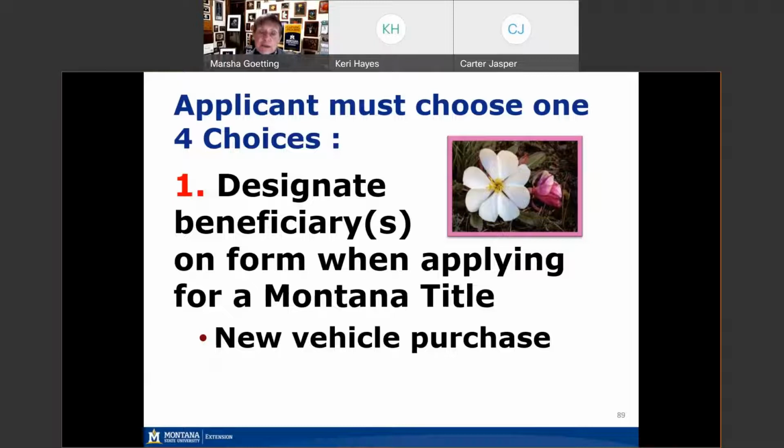But what I discovered is it didn't exactly turn out like I anticipated because you have 4 choices of when you're going to name a beneficiary. I just thought you could do it anytime. No. You can do it when you apply for a Montana title, as in a new vehicle purchase.